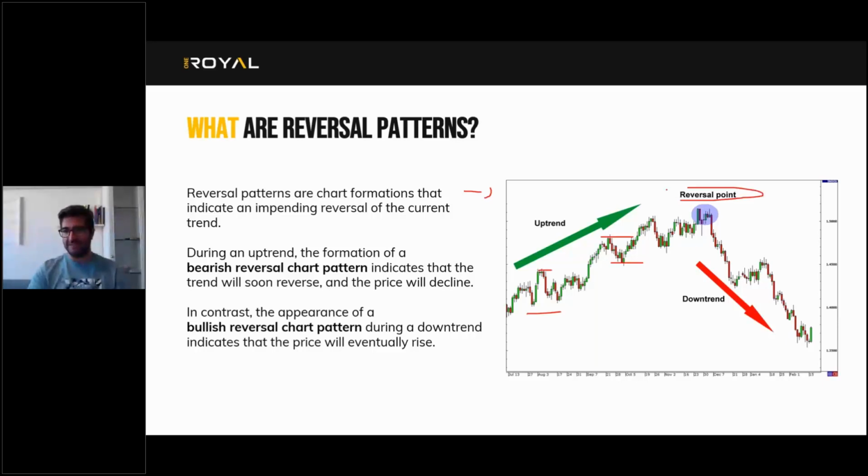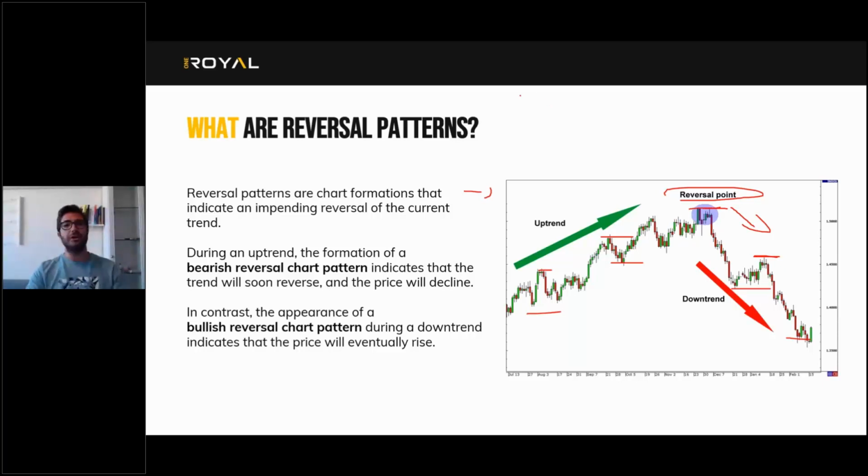Once we see a reversal pattern at the top of the trend, this might indicate a possibility that the direction will shift, which will lead, in this case, to a move to the downside. So lower lows and lower highs.